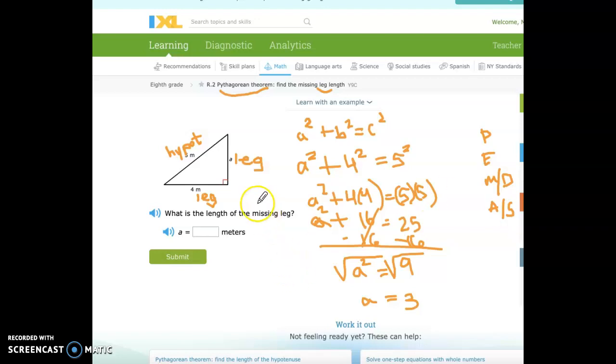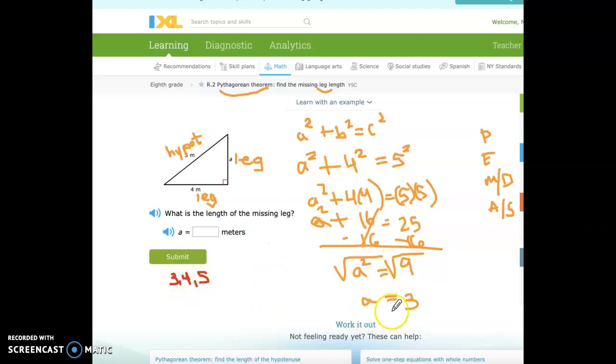Please notice that any 3, 4, 5 triangle is a right triangle. This is the leg, hypotenuse. If I doubled or tripled or quadrupled every one of those sides, they would all be right triangles.